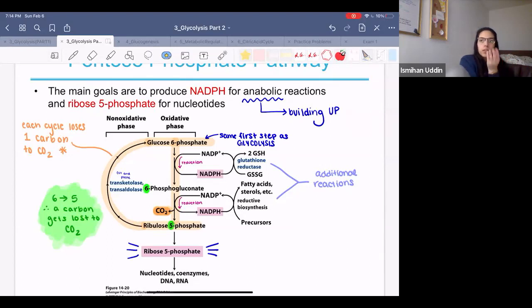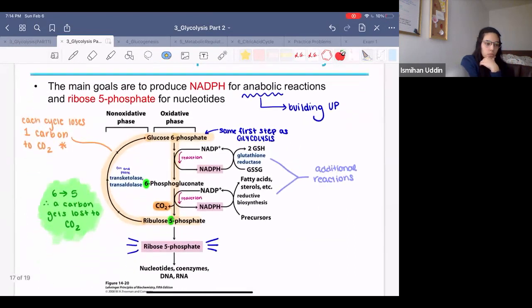Before fructose 6-phosphate is the reaction of glucose 6-phosphate with phosphohexose isomerase. So when glucose doesn't go down the pathway of glycolysis, it could also go down the pentose phosphate pathway after that initial hexokinase reaction that adds a phosphate to glucose. That's our starting point.